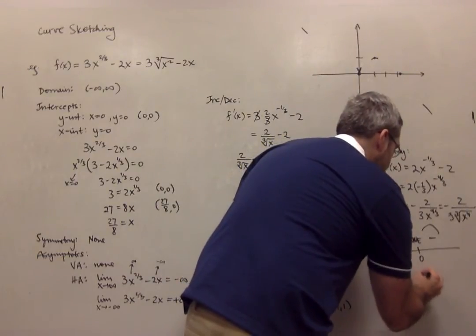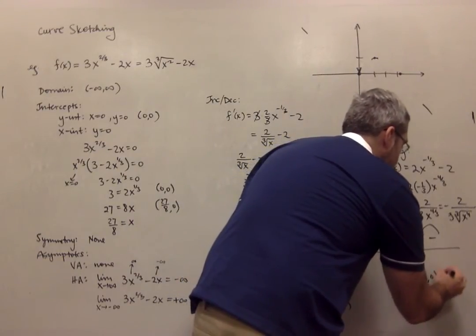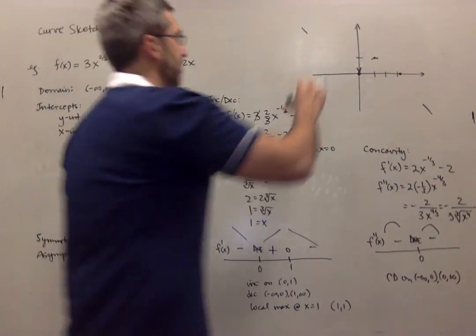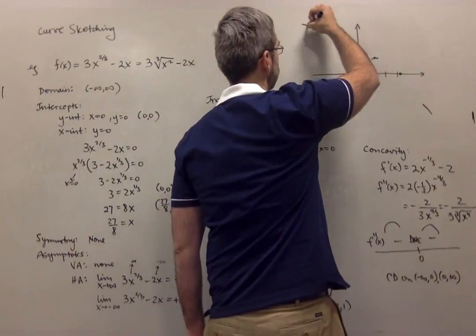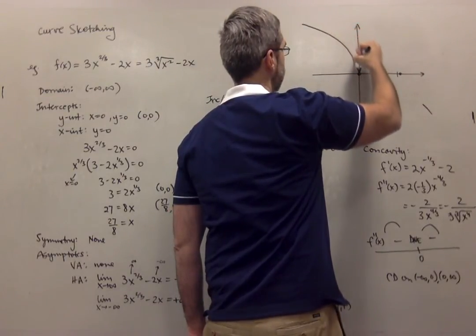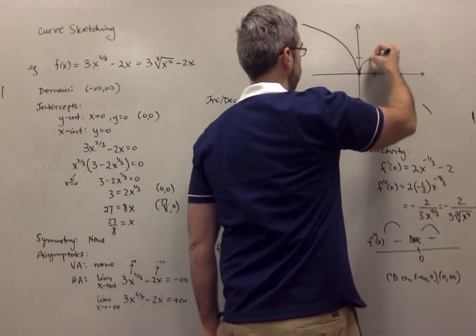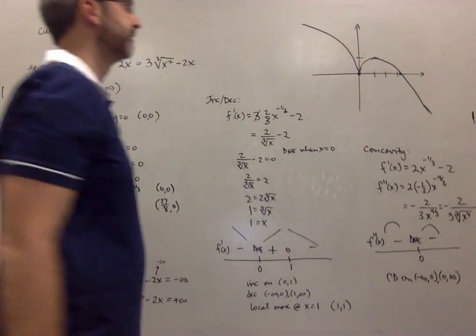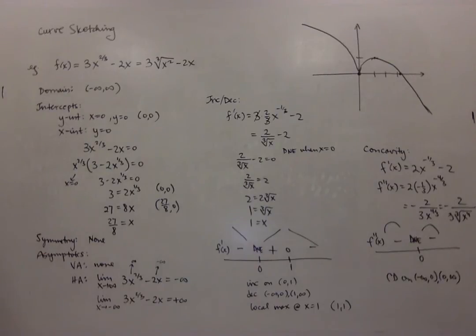So it's concave down from negative infinity to 0, and then from 0 to infinity. There's no inflection points. So the fact that it's concave down means that we're looking at something that's going like that, and it bounces back up and goes back through that point and comes all the way down. So that is the graph of that function.